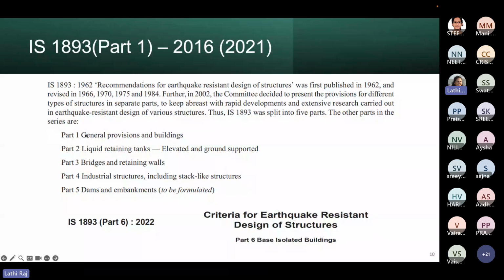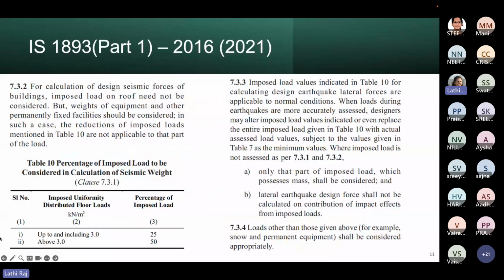So we are talking about the general provisions and buildings. There also they say the same thing in the latest revision, about what percentage of imposed load you have to take. IL is 25% up to 3 kilonewton per meter square, and above 3 kilonewton per meter square you need to take 50%.